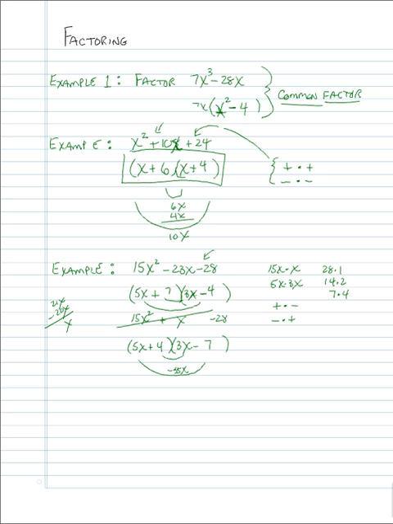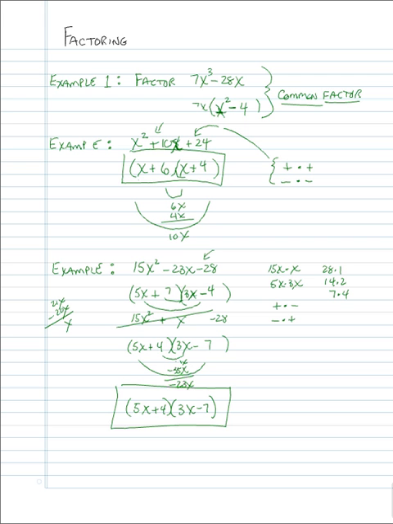Oh, look, and 4 times 3x is positive 12x. And if we add those together, we get negative 23x, don't we? So we know when we multiply these out, we'll get the right middle term, and we've already set it so that we get the two correct terms at the end. And so our conclusion is that this is the correct factorization.